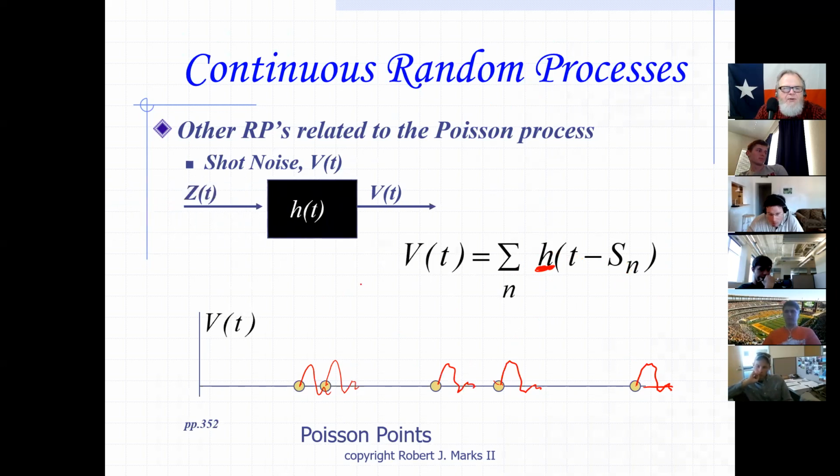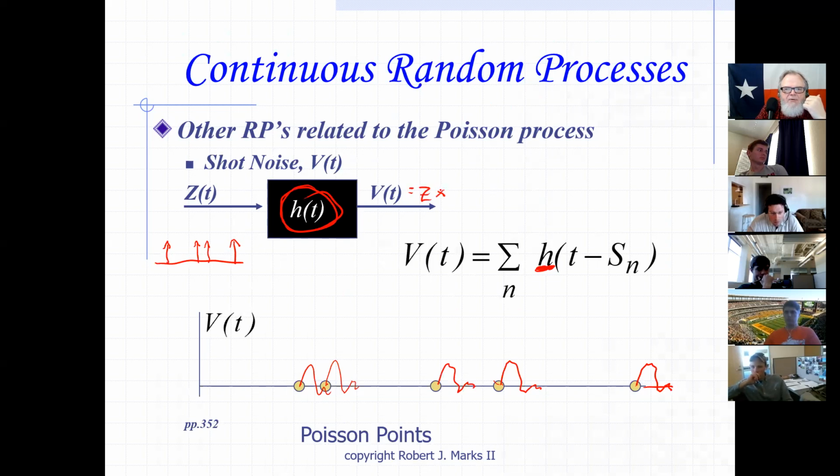And the reason that this is kind of cool is that you remember this from linear systems theory. If you take an LTI system with an impulse response of H of t, then the output is going to be what?